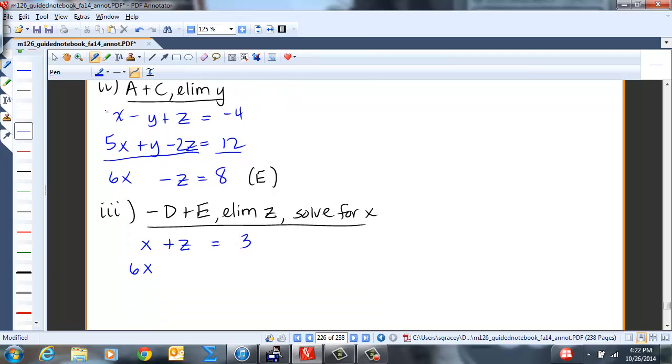And then we'll have 6x minus z is 8. And when I add them, I'll get 7x is equal to 11. So I'll have x is 11 sevenths.